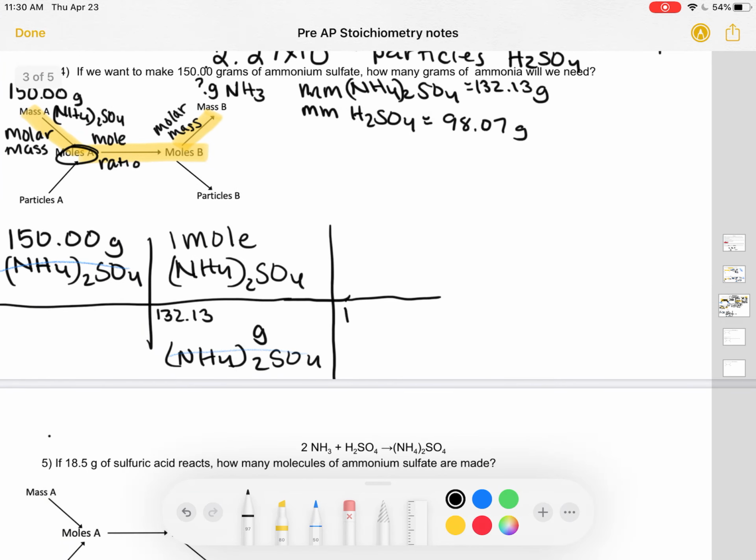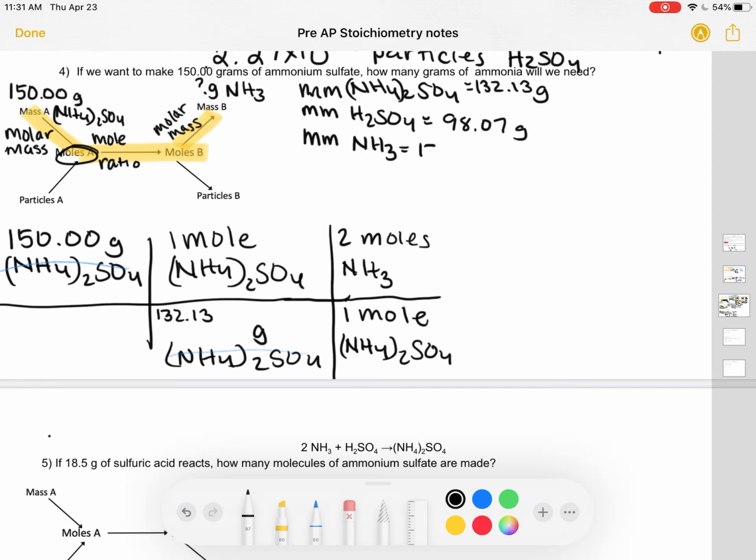So for every 1 mole of (NH4)2SO4, it requires 2 moles of ammonia. And hey, guess what Mrs. Berger just realized? I gave you the molar mass of sulfuric acid and not the molar mass of ammonia. My bad. The molar mass of ammonia up here is 17.031 grams.